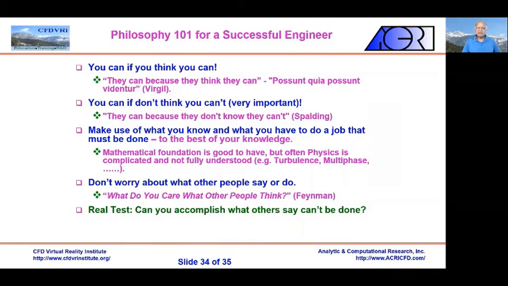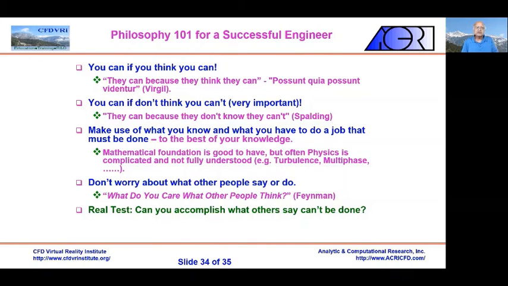Now, Spalding made an important contribution. He said, let's look at the inverse of that. You can if you don't think you can't. Like if you know you can't climb a mountain, you're not going to try and climb it. But if you're not sure, then you don't know if you can or cannot climb a mountain. So in that case, it's worth a try, right?